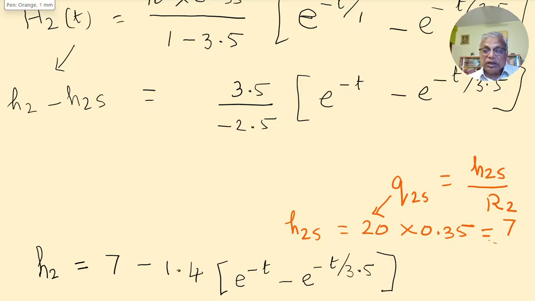Heights are all in feet. You will get heights in feet. So 7 feet.